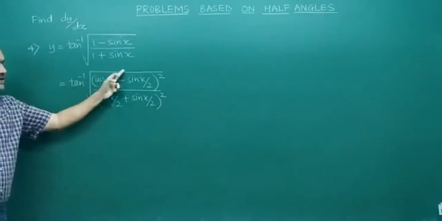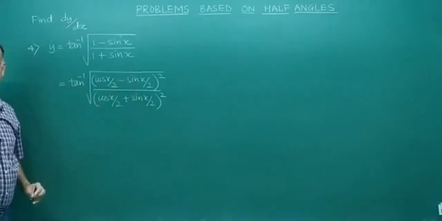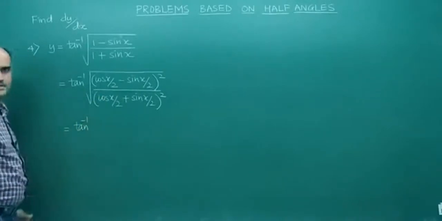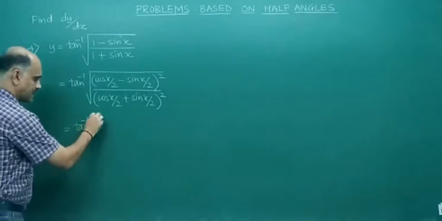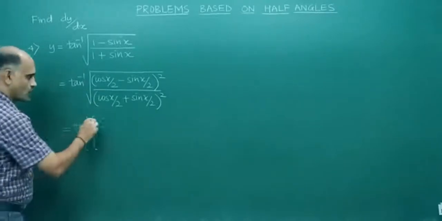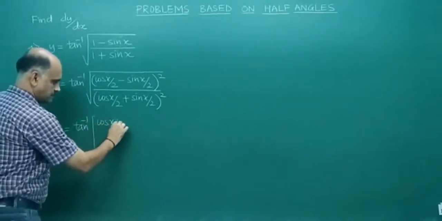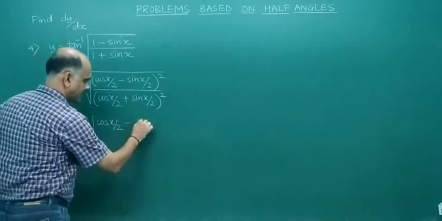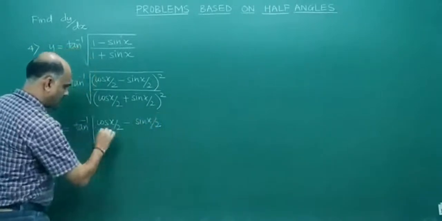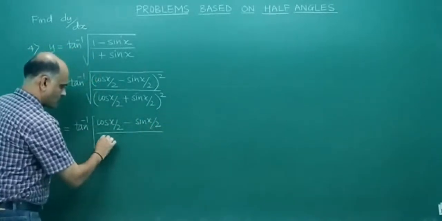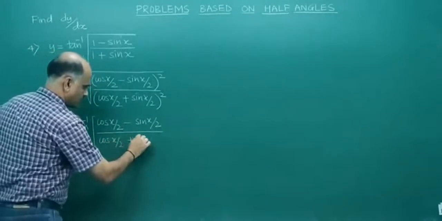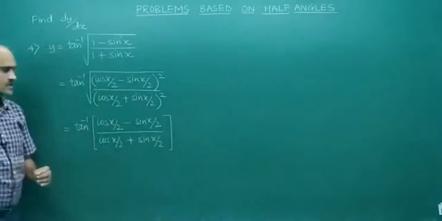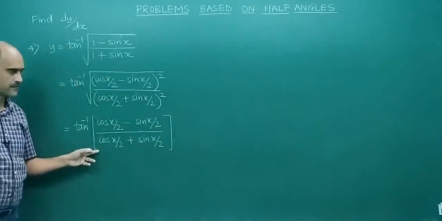So now again square root and square get cancelled. So you will have tan inverse into bracket, and what remains is cos x by 2 minus sin x by 2, and in the denominator cos x by 2 plus sin x by 2.